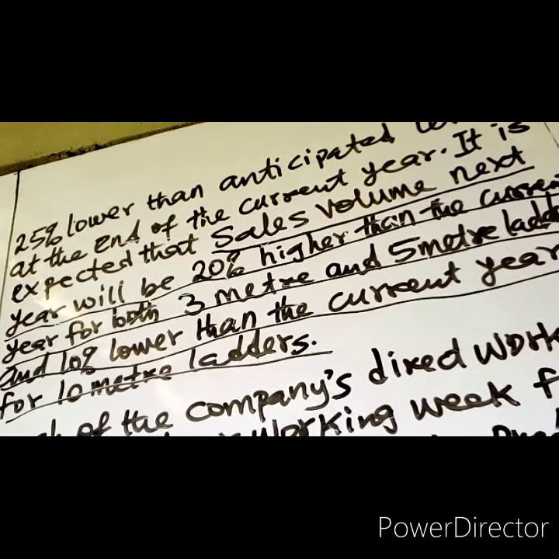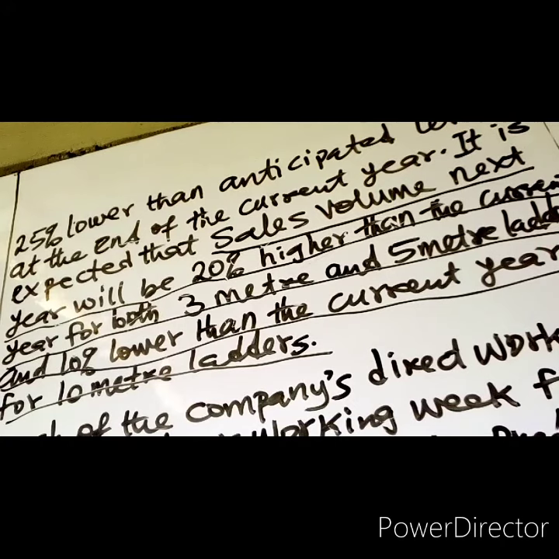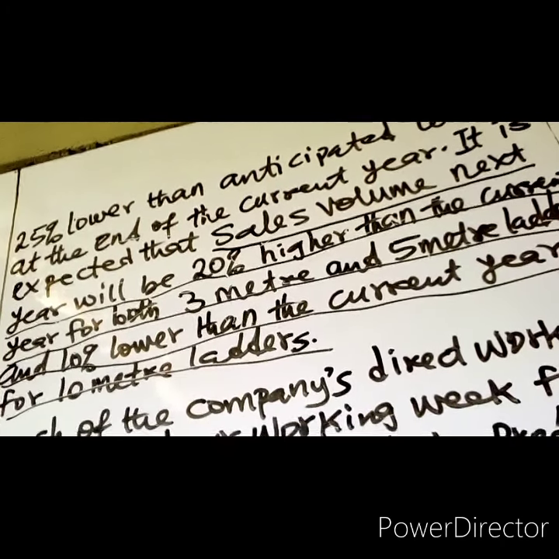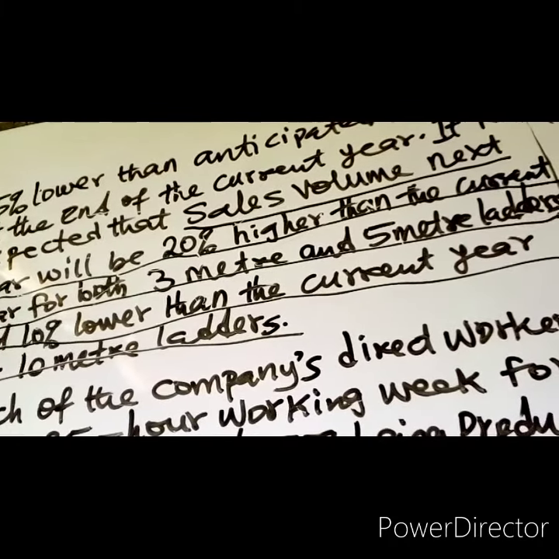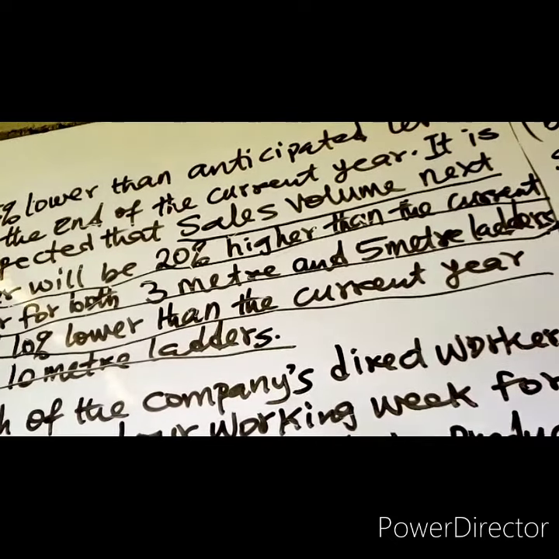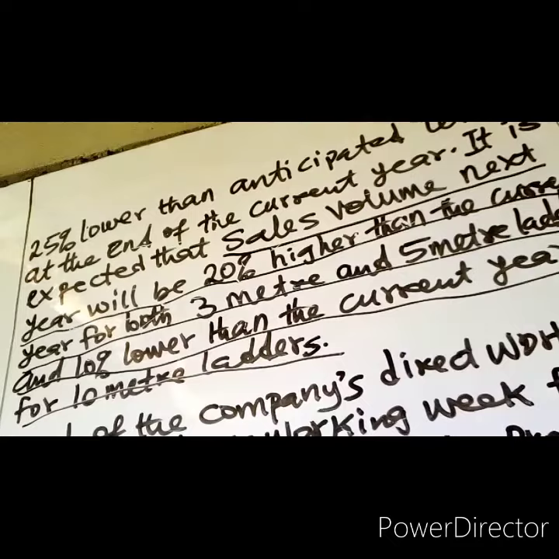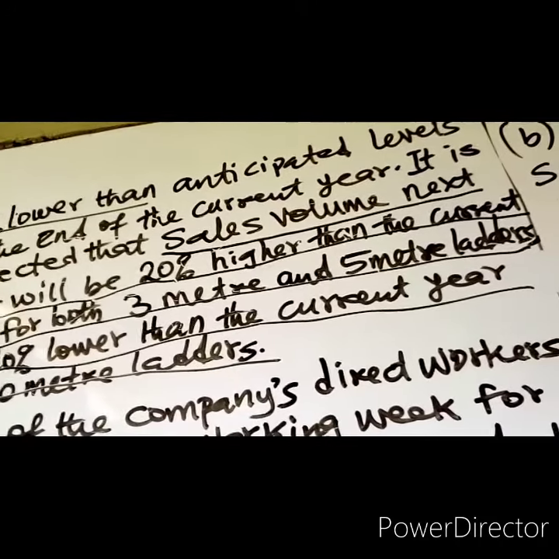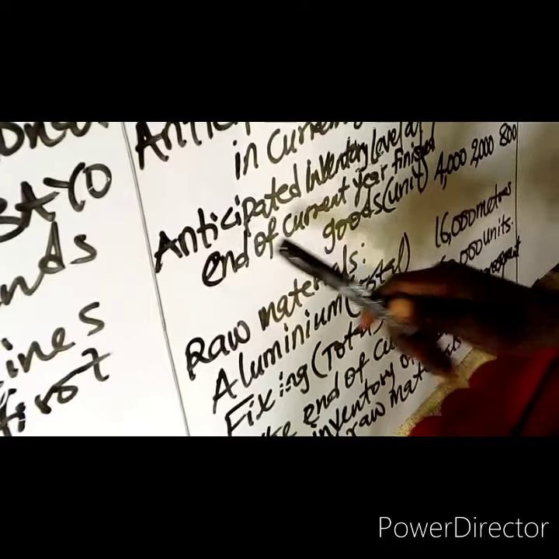That is, your closing inventory of finished goods will be 25% lower than the anticipated level at the end of the current year. So that is the closing inventory. Now, what is the inventory at the end of the current year?